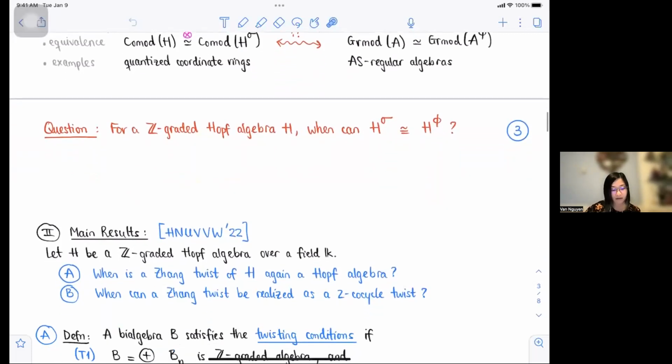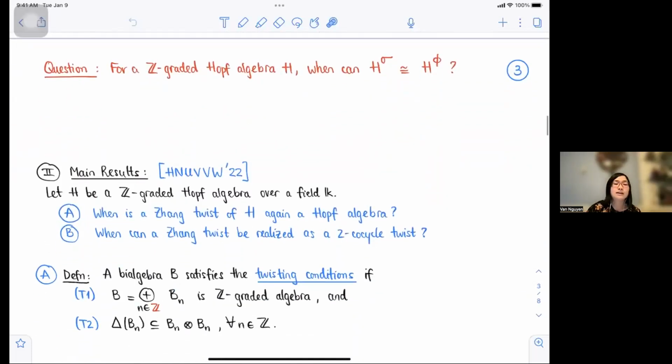So to tackle question A, we introduce a twisting condition on a bialgebra, for generality, but of course it can be done for a Hopf algebra. The first condition is just to assume that it is Z-graded. And the second condition basically says that the comultiplication preserves the grading of this bialgebra.